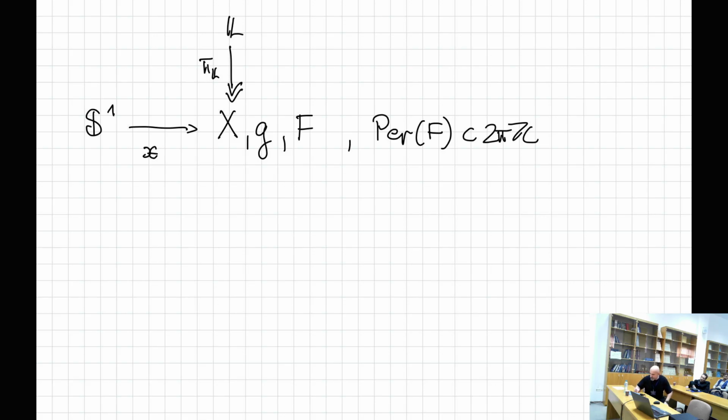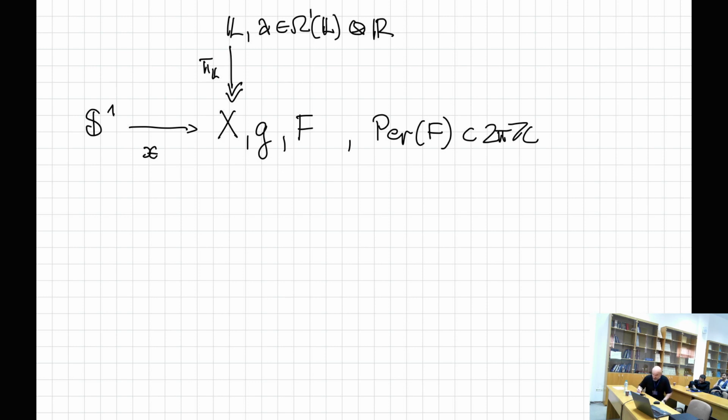It comes with a connection 1-form, a 1-form on L with values in the Lie algebra of the group U1. So the Lie algebra is R. I will somewhat artificially write it like so, so that it combines with what you learned elsewhere in the other context.